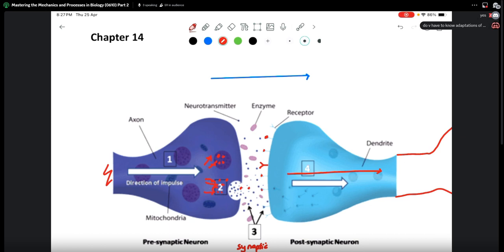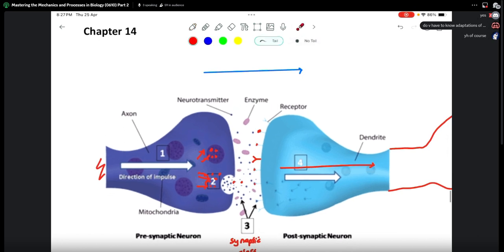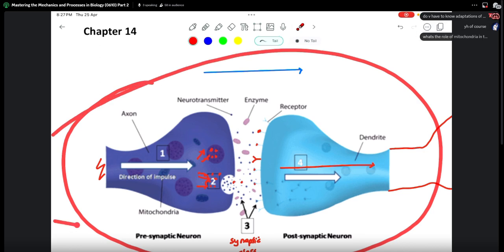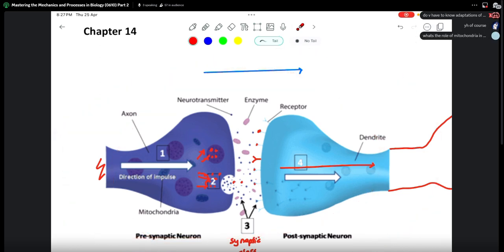This kind of question is just to apply back your synapse knowledge, which is basically this whole thing that I just explained. Okay? So you talk about the vesicles being unable to produce it. Yes, what's the role of the mitochondria in the neuron? It is to supply the energy because all this transmission of impulse and everything needs energy. A little bit only.